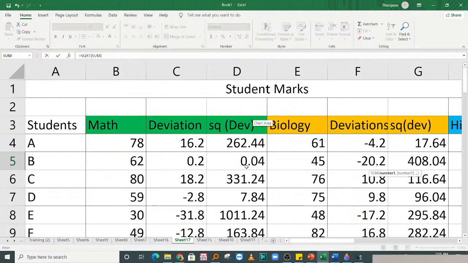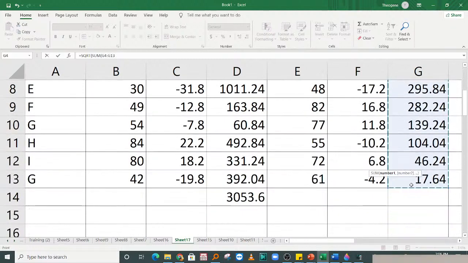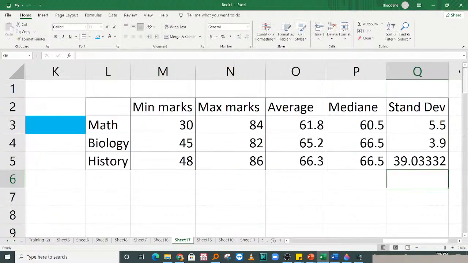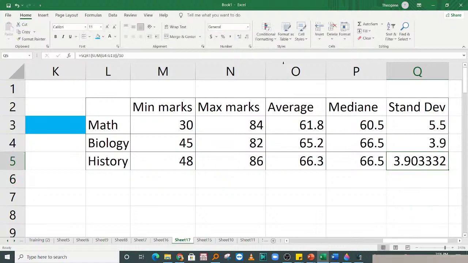So it is this one. We close parentheses and we find this one. After finding this, what do we do? We divide by 10 because the standard deviation is the average. Hope now this is also equal to 3.9.